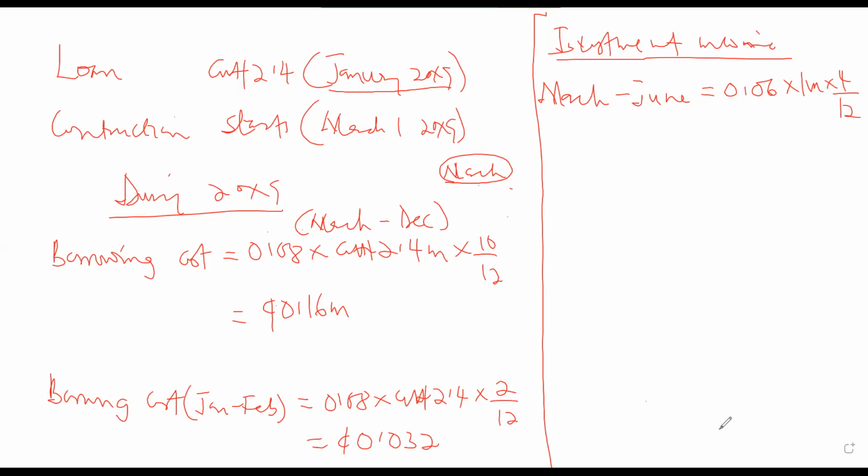It means that at the time they took the loan, they already had the plan of the amount to use from this date to this date, and the amount not to be used. The one they are not going to spend, they will start investing it. So we calculate March to June. That will be how much?